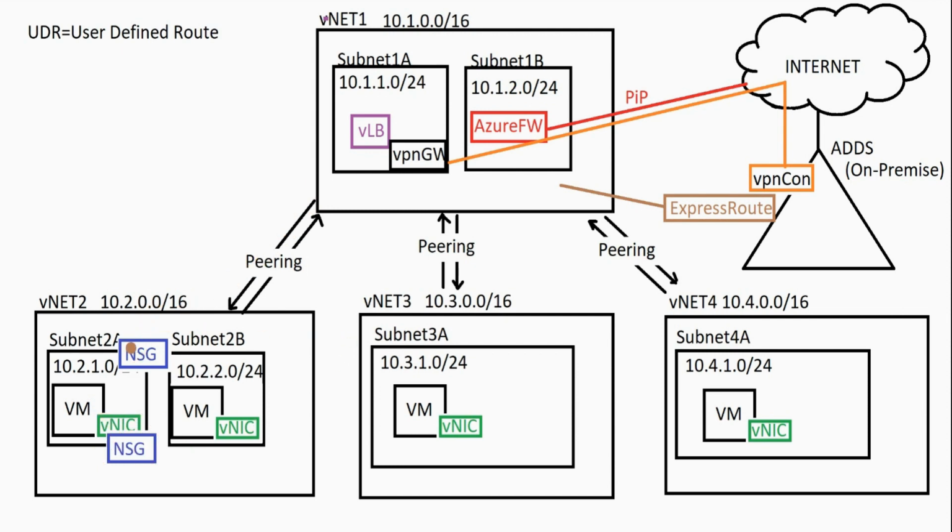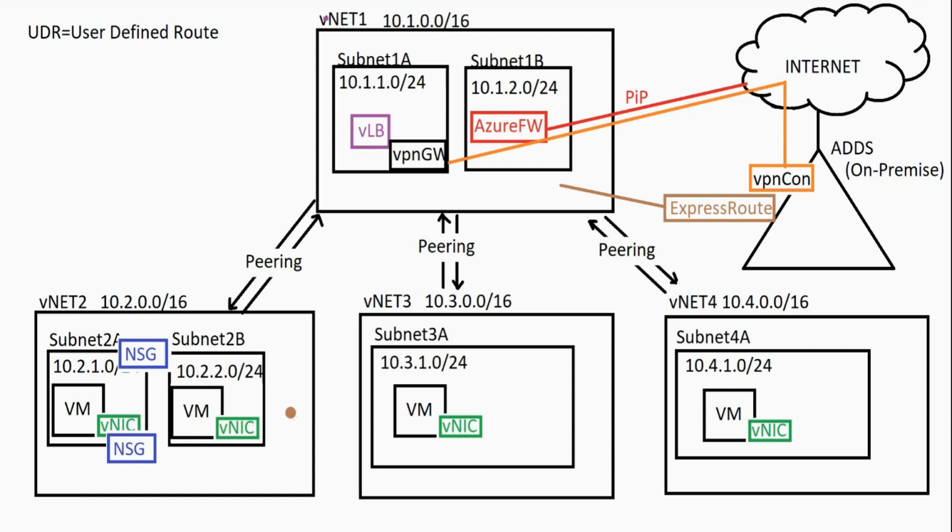On the flip side, if you denied the traffic here and allowed the traffic there, then it would have gotten blocked at this NSG. So the thing to understand is the most restrictive NSG applies. That's what you're going to get if there's ever a conflict between multiple NSGs.